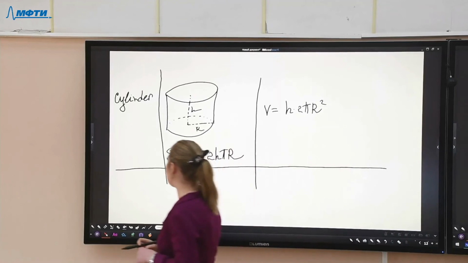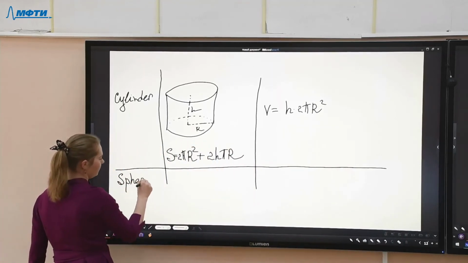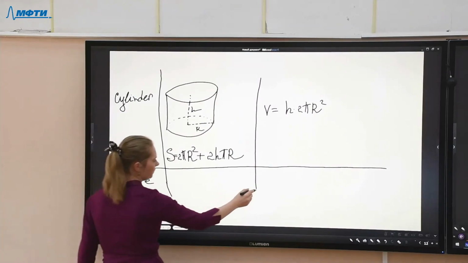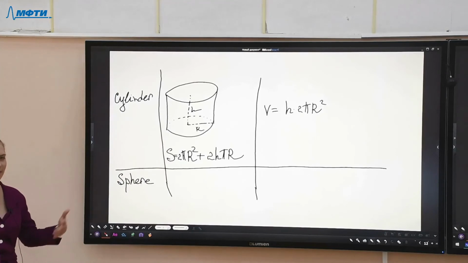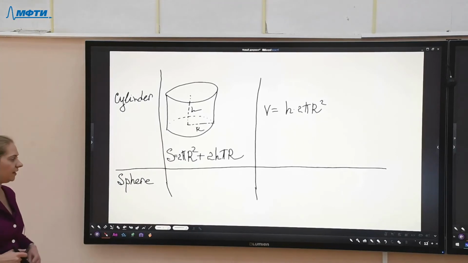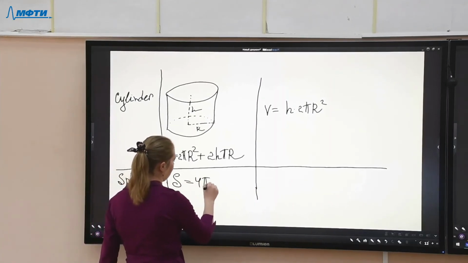And the final object is a sphere. If we want to define a sphere, we need just the radius of the sphere. The surface area is 4 pi r squared.